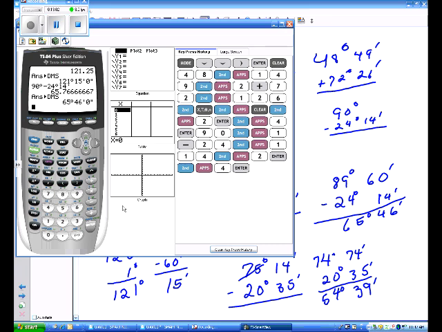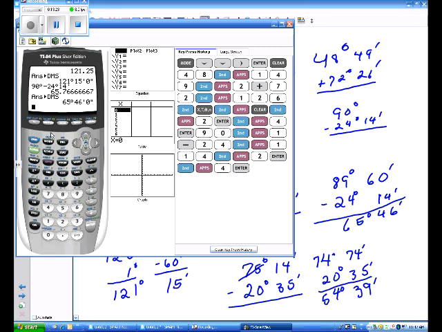Now, you also have an option, and I can't show it done with these, but a lot of your little scientific calculators are a little bit more user-friendly because you don't have to go to so many menus. They'll actually have a button on the keyboard for degrees, minutes, and seconds and changing.